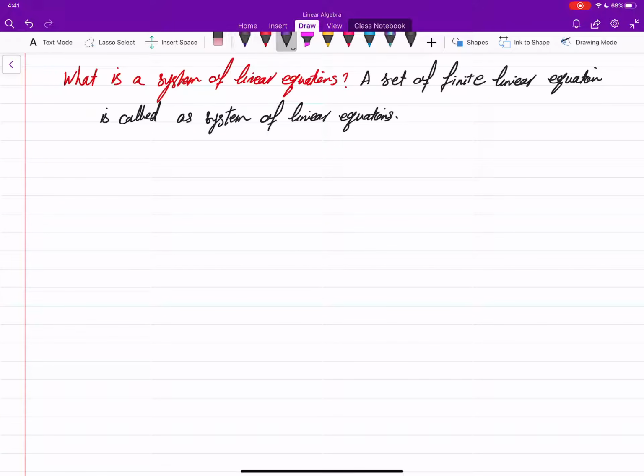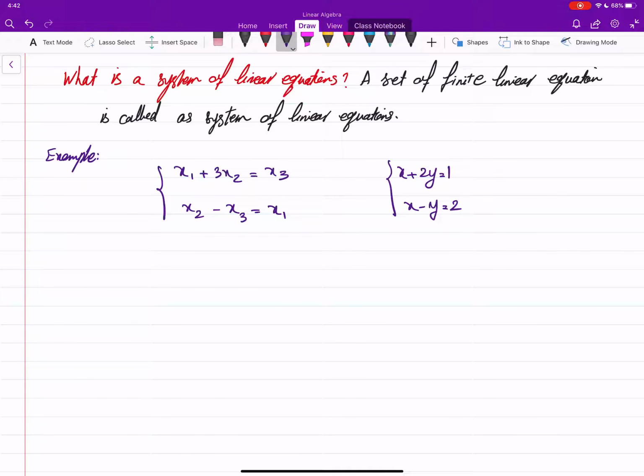So, for example, something like x1 plus 3x2 equals x3, and x2 minus x3 equals x1. Put these together, this is a system of linear equations. Or x plus 2y equals 1, and x minus y equals 2. That's another system of linear equations.